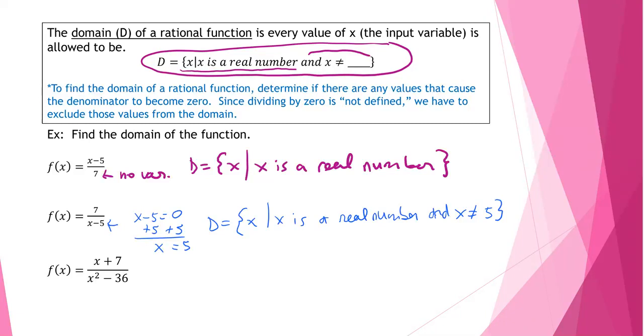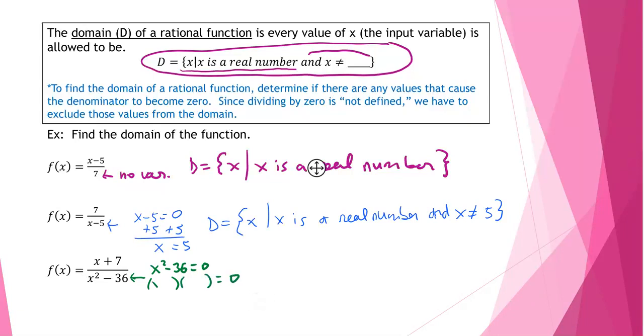In the last example, notice again in our denominator there's a variable, the x squared has the x variable. So if we want to figure out what values are going to give us a problem, we take the bottom and set it to 0. This is x squared minus 36, which is going to have 2 solutions, or we expect it to. And this is going to give us a difference of 2 squares.